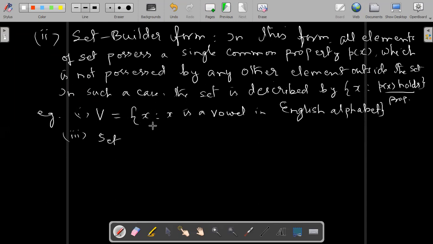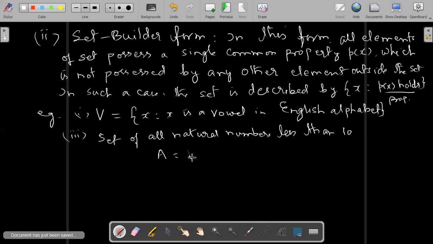If I ask you to write in set builder form the set of all natural numbers less than 10, we will write A is the set of all x such that x is a natural number.